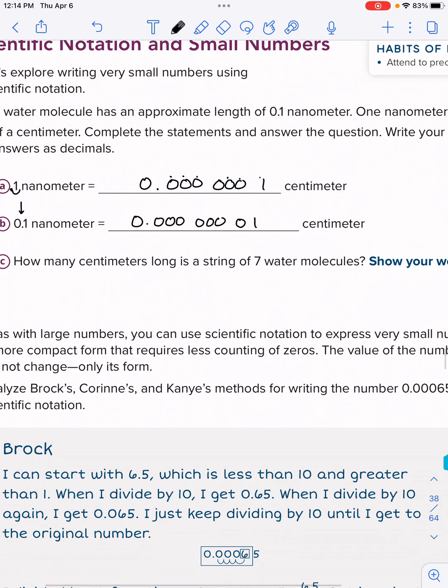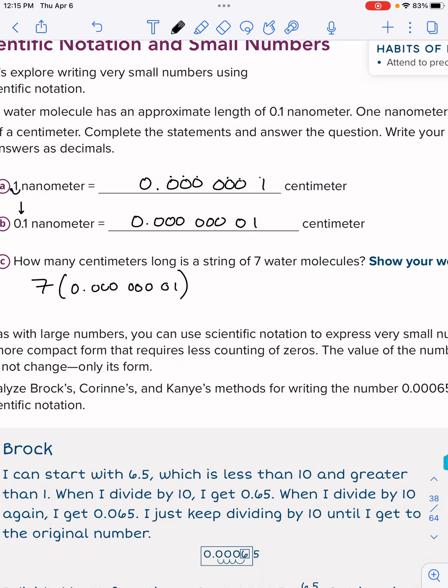How many centimeters long is a string of 7 water molecules? So if we have 7 altogether, let's put 7 here, and we're looking at centimeters for a water molecule. We're going to have this multiplied by that bottom number with 7 zeros: 0, 0, 0, 0, 0, 0, 0, 1.